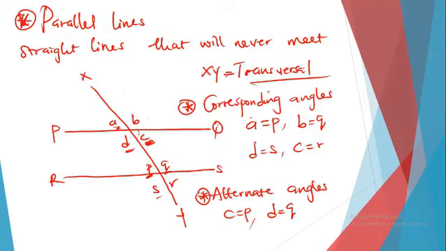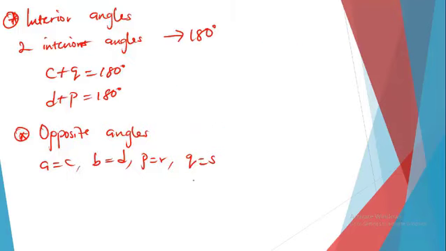Then we also have what we call adjacent angles on a straight line, and they add up to 180 degrees. Which angles are adjacent angles on a straight line?